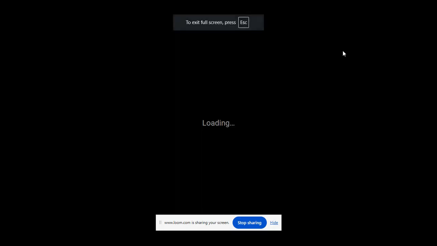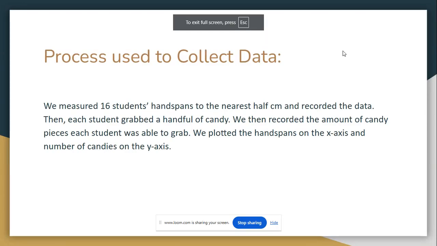So if you read this, it says we actually measured 16 students' hand spans to the nearest half centimeter and recorded the data. They grabbed a handful of candy, and we recorded the amount of candy pieces each student was able to grab. So this is real data that I've collected in the past from students.